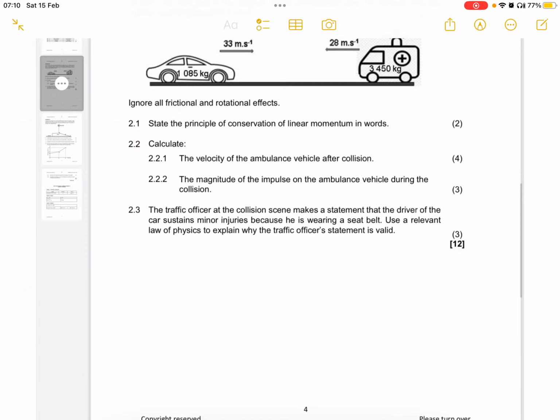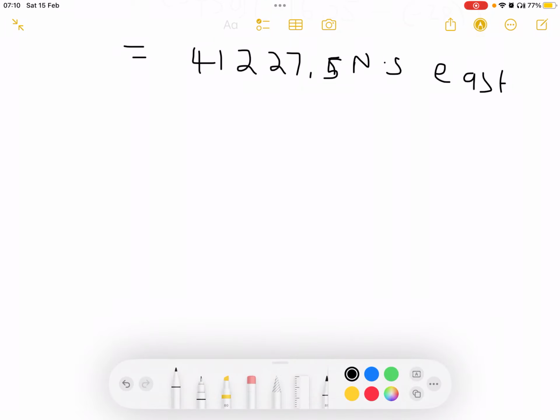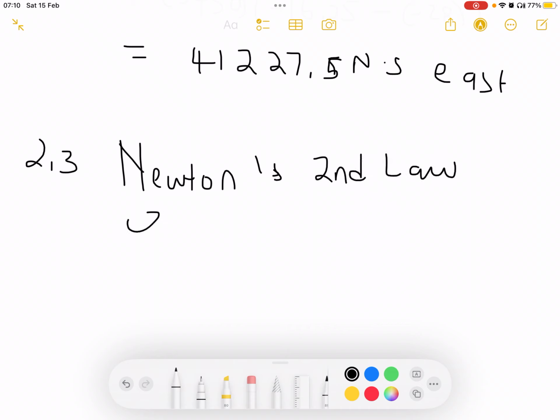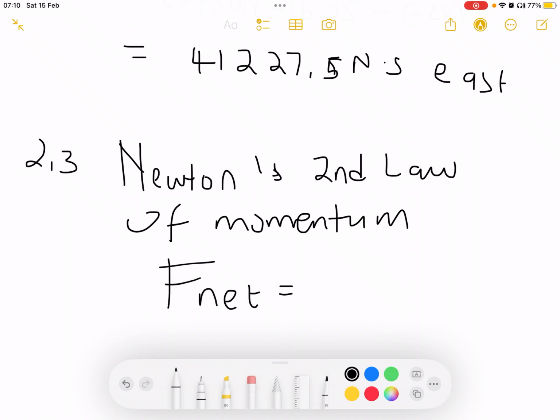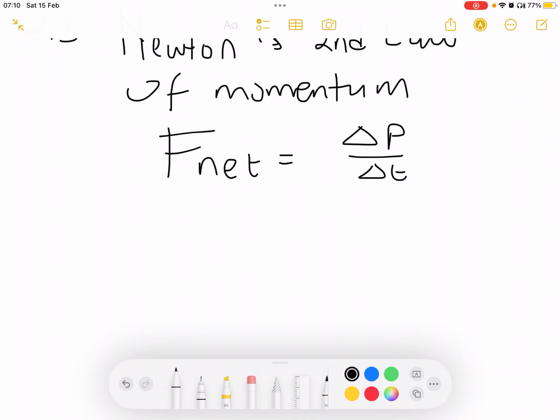Which laws of physics back us up? If we look at Newton's second law of momentum, it states that F net is equal to change in P over change in time.